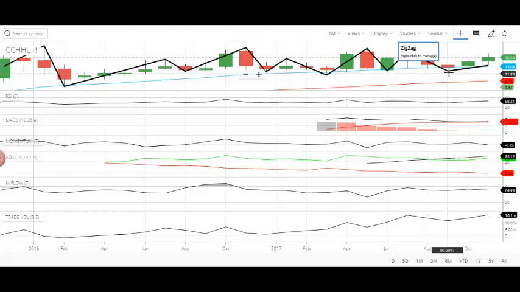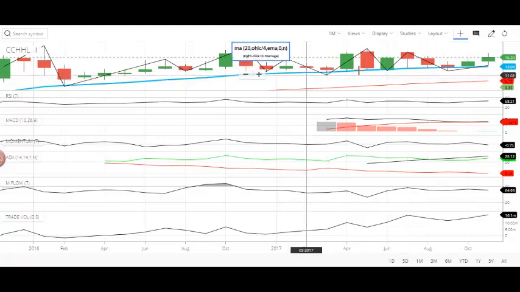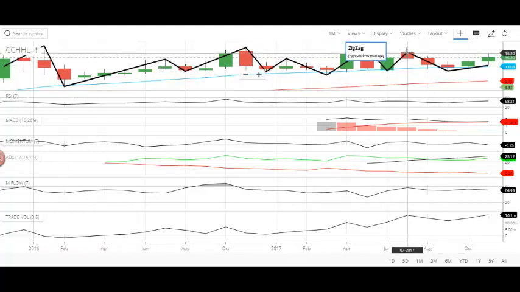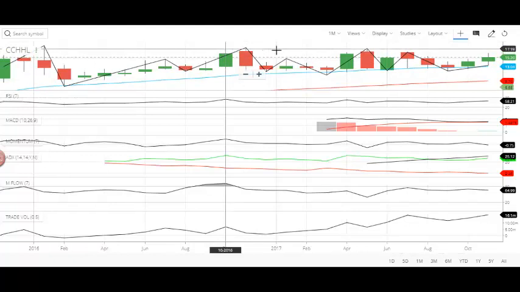And the recent low price was 11 rupees. Actually the lows are increasing, but the highs are decreasing consistently. If you draw a line, the slope goes down like this.